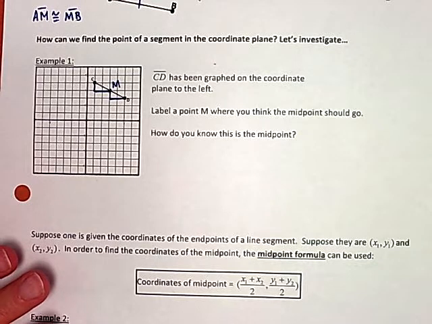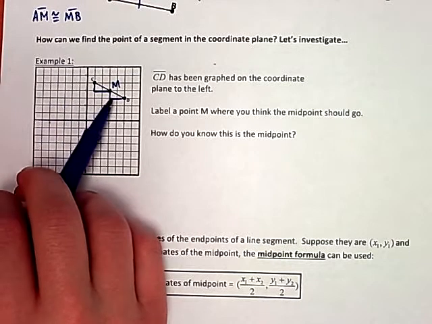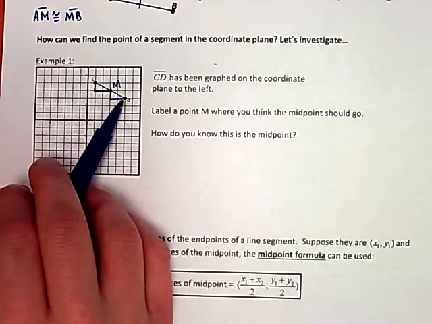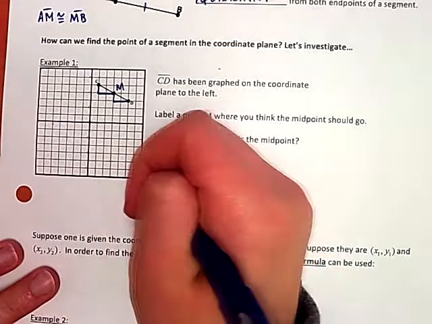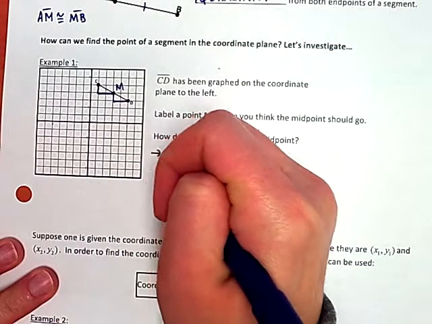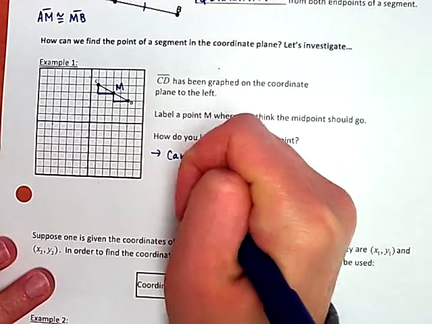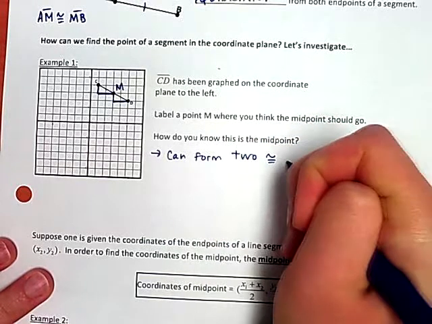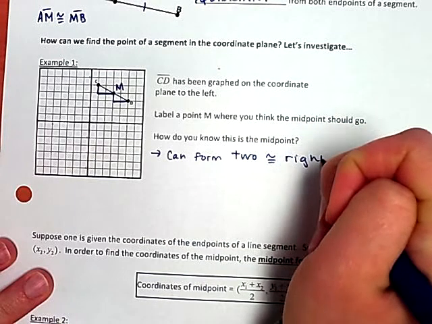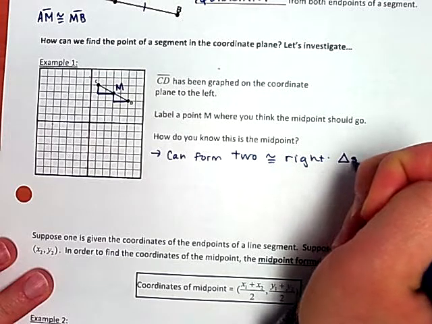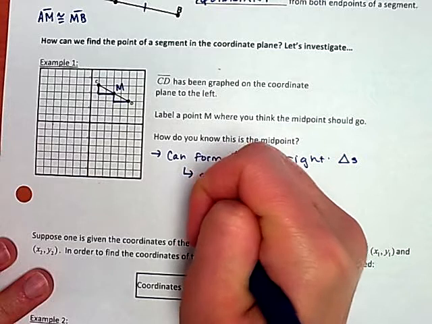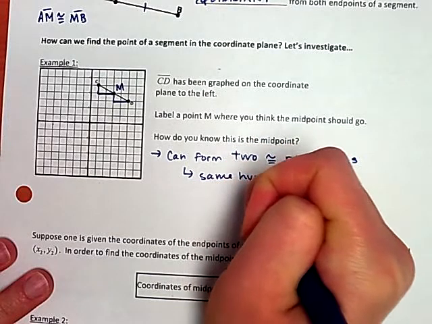So if they have the same hypotenuse, you know that the distance from C to M is the same as the distance from M to D, so M must be the midpoint. So I'm just going to jot down that idea. We can see that it can form two congruent right triangles, and then we could see that they have the same hypotenuse length.